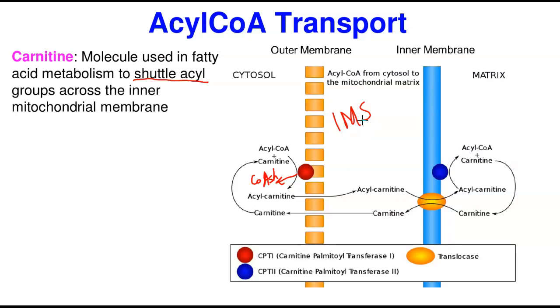So this is the intermembrane space. Now this is the matrix. So what happens? The acyl-carnitine will now go through another type of transporter, the translocase, which is located in the inner membrane, just at the inner membrane itself.